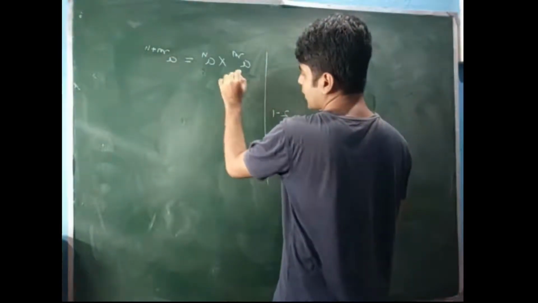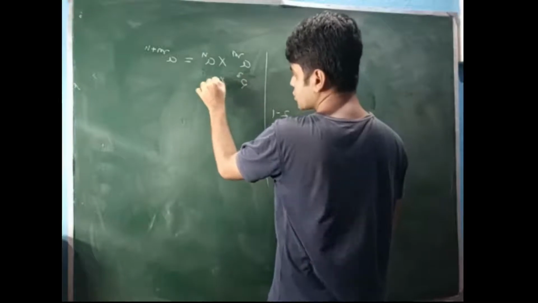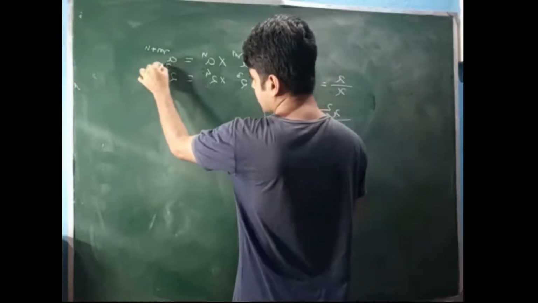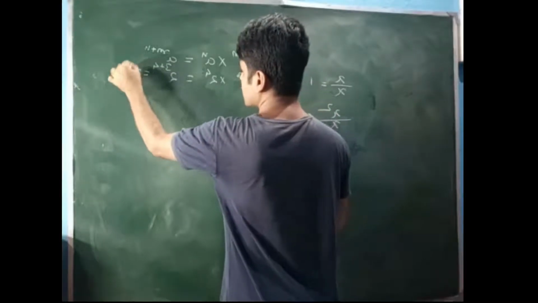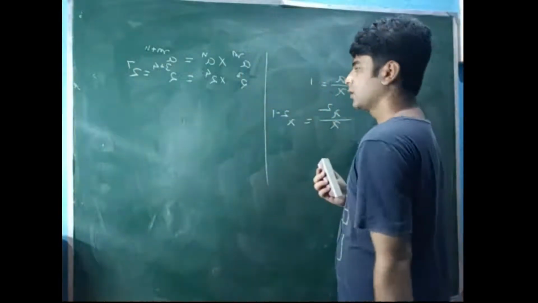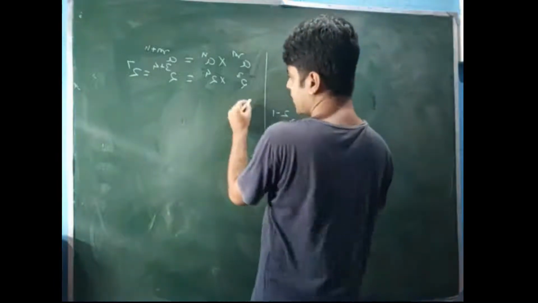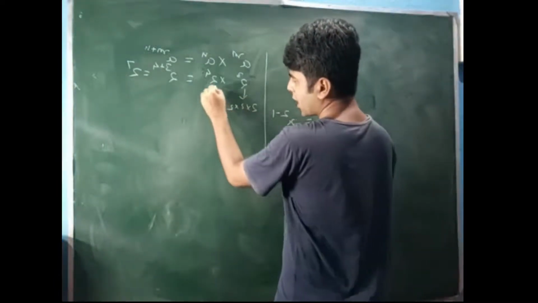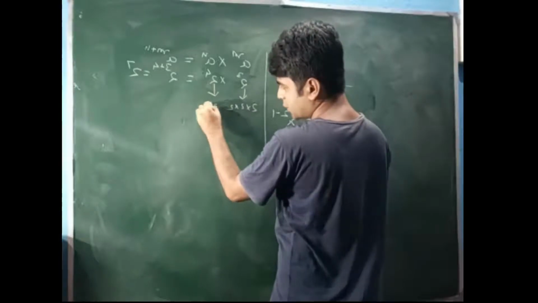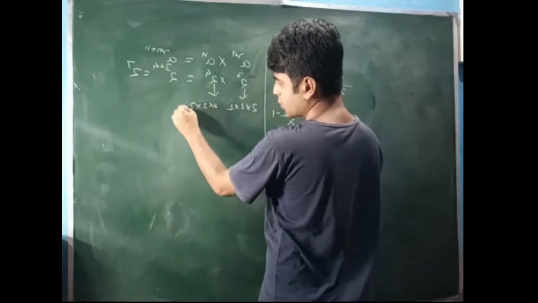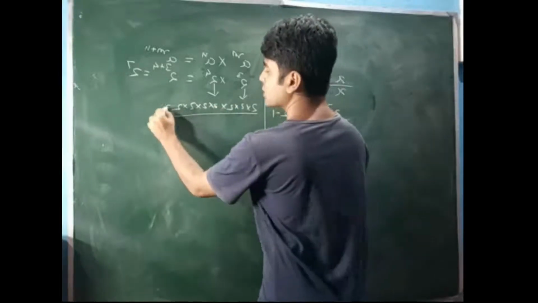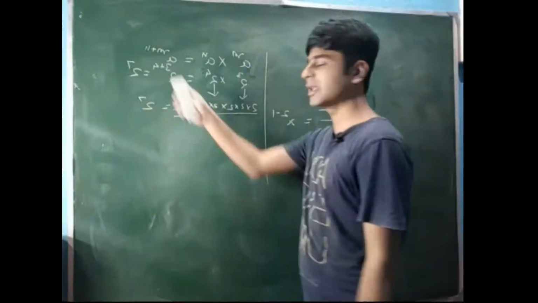Example, 2 to the power 3 into 2 to the power 4, so basically 2 to the power 3 plus 4, which equals 2 to the power 7. You can explain it, because 2 to the power 3 is basically 2 into 2 into 2, and 2 to the power 4 is basically 2 into 2 into 2 into 2, and there is a multiplication, so it's seven 2s, which is 2 to the power 7. So that's why we can say that.